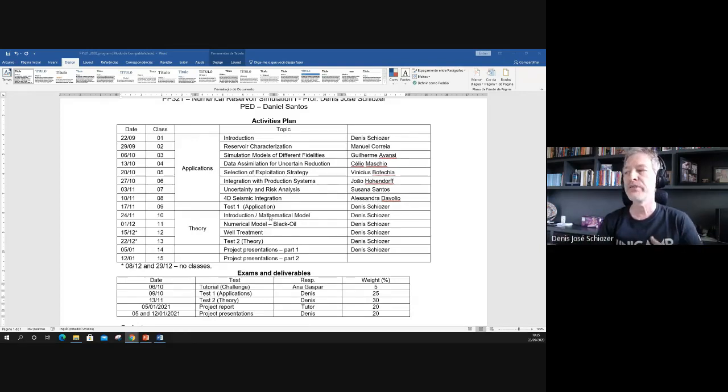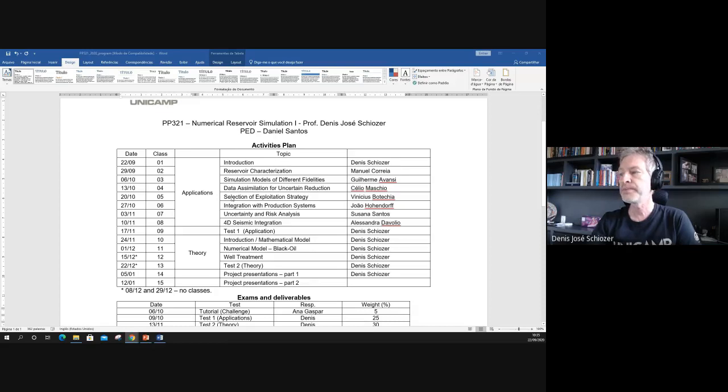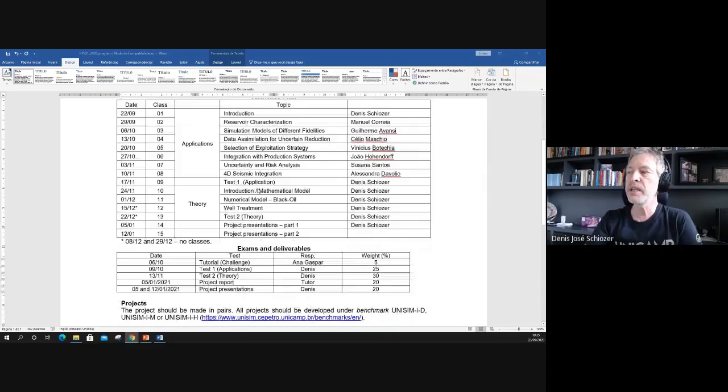We're going to see the difference between the black oil model and other models and so on. And these details, how we're going to treat wells and so on, are going to be covered in test two.